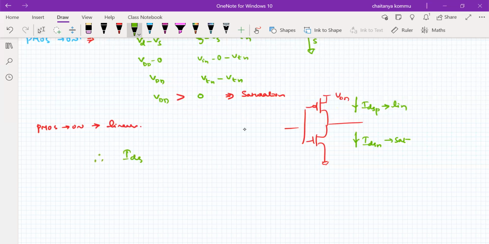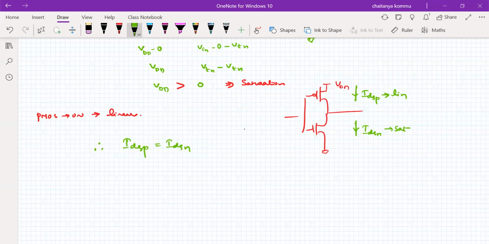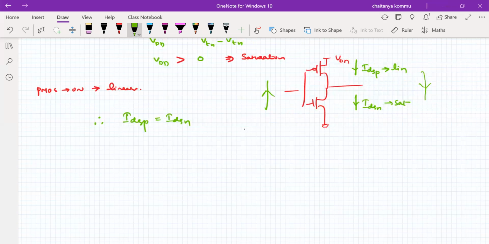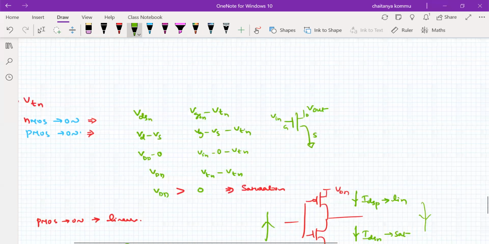Here IDSP is equal to IDSN. So it's simply a parabolic equation, but in a decreasing fashion, because one is increasing, so the other is decreasing. The characteristics now become something like this.